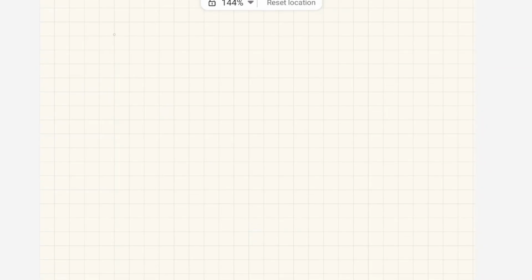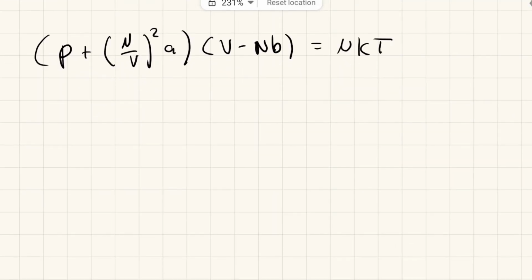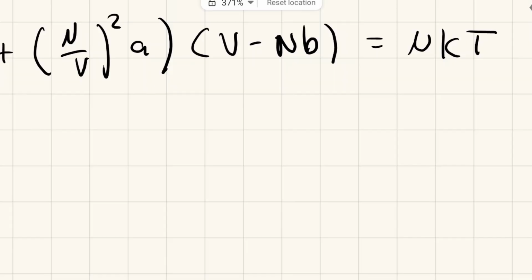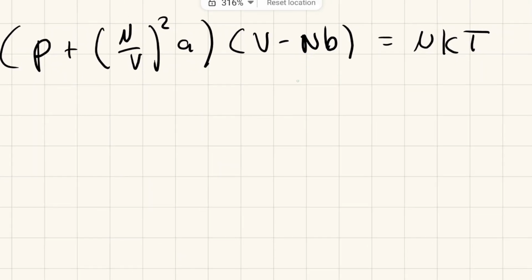Okay, so the first thing we need to say is that the van der Waals gas equation reads (P + n²a/V²)(V - nb) = nRT. Here, of course, P is the pressure, V is the volume, n is the number of moles, and T is the temperature. And you can see that there are two parameters, a and b, that are used to make some corrections on the pressure and the volume.